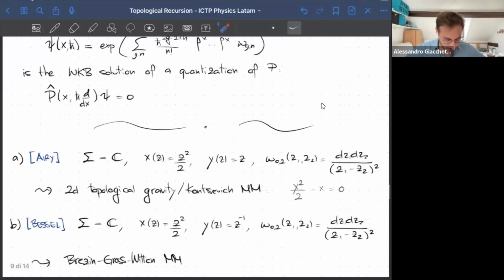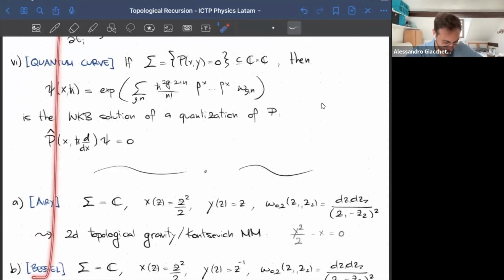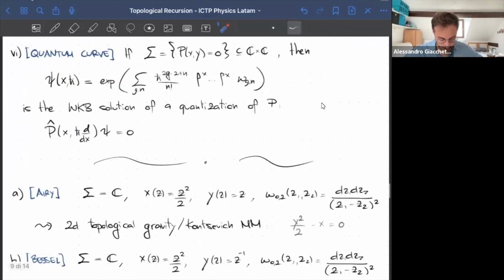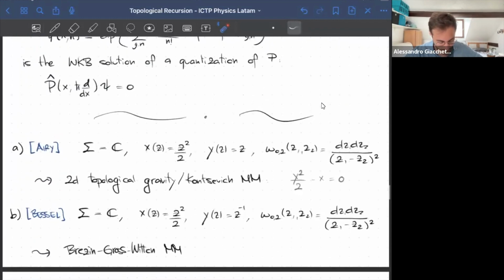Another example, which is like the brother of this Airy case, is called the Bessel case. Oops, sorry. It's the Bessel case when you take, again, sigma to be just C, you take x to be z squared over 2 again, but you take y to be z to the -1 and omega 0,2 to be the same.